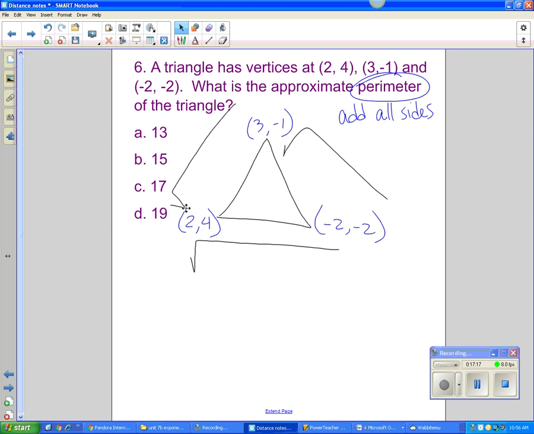Okay? So on this side right here, let me have Andrew. What would I put in the calculator if I'm using these 2 points? Thank you, Andrew. So that's what I would type in for the left side.